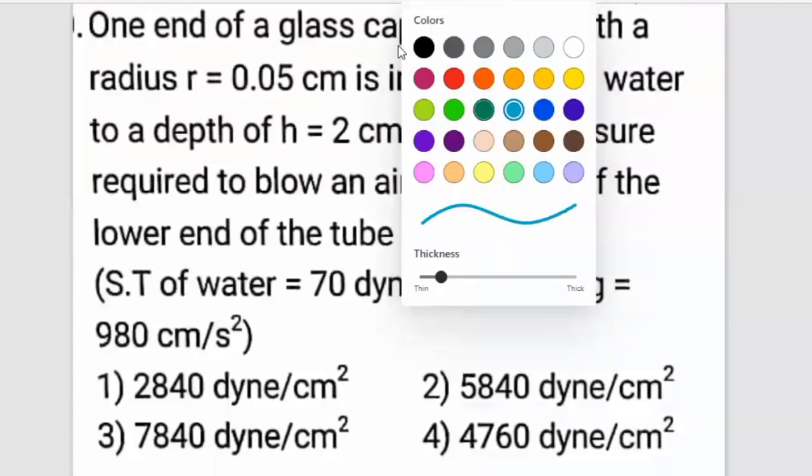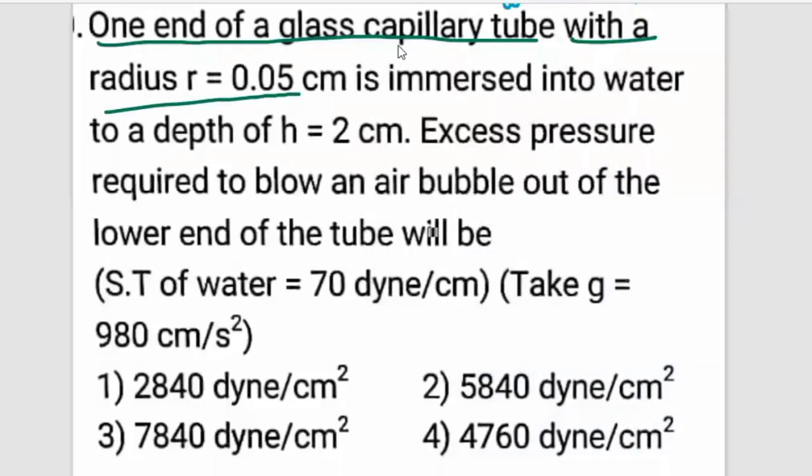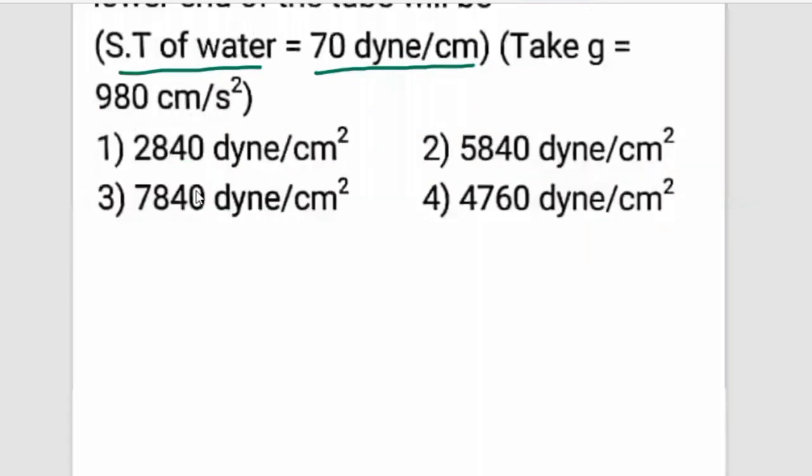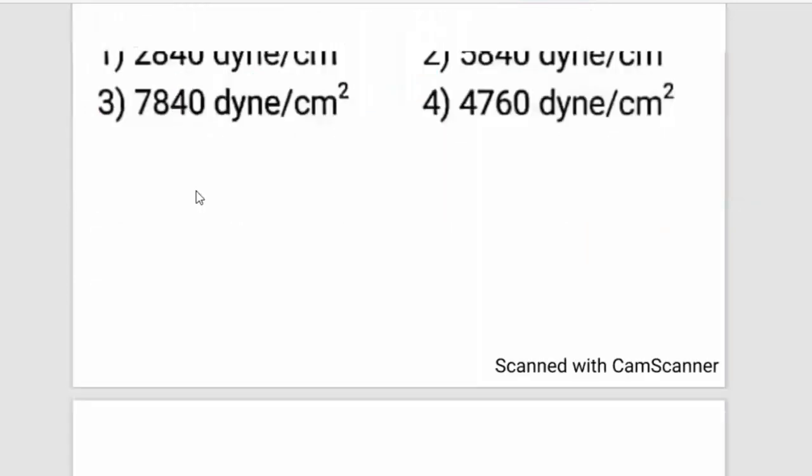In the problem, one end of a glass capillary tube with a radius r equal to 0.05 centimeter is immersed into water to a depth of h. An air bubble out of the lower end of the tube will be... The surface tension of the water is 70 dyne per centimeter and take g value as 980 centimeter per second square.